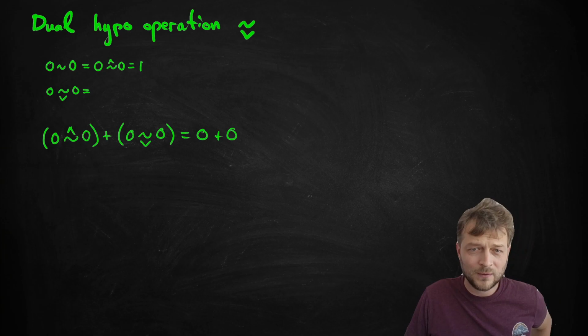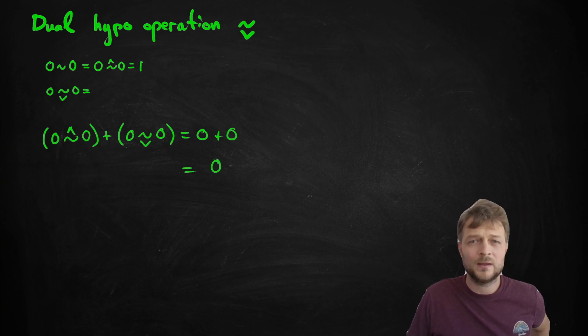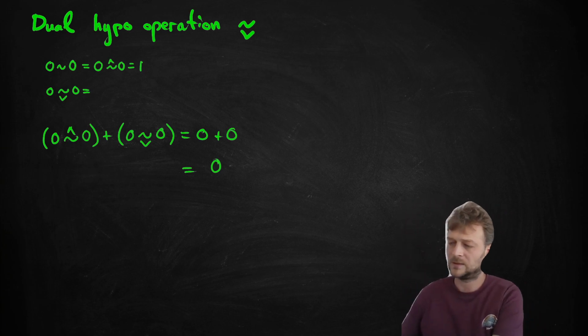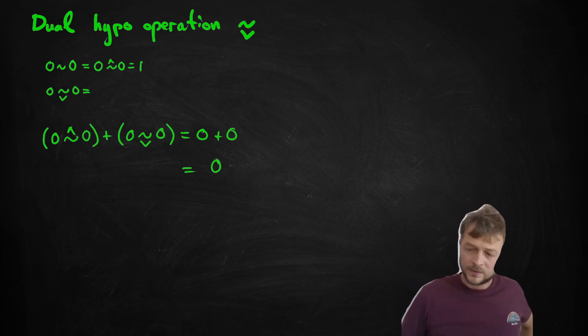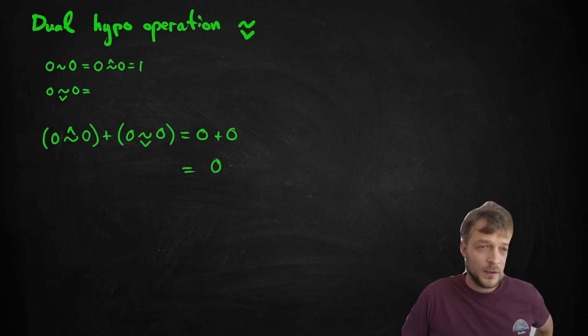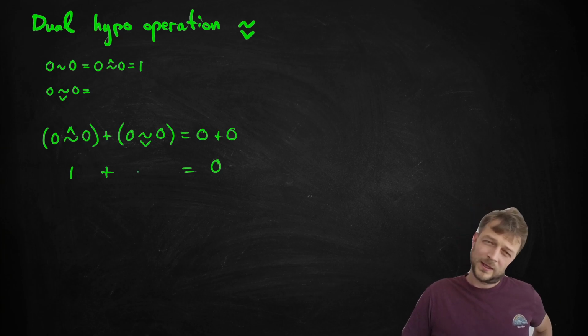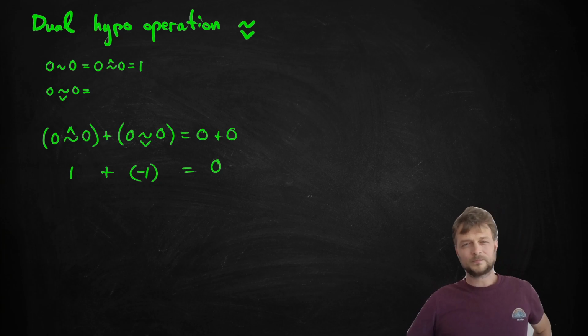Okay. So now we use the same for plus and for tilde. So what we have here, this is 0. Here clearly we got 1 plus something equals 0. So we have to define minus 1 as a new element in our algebra.